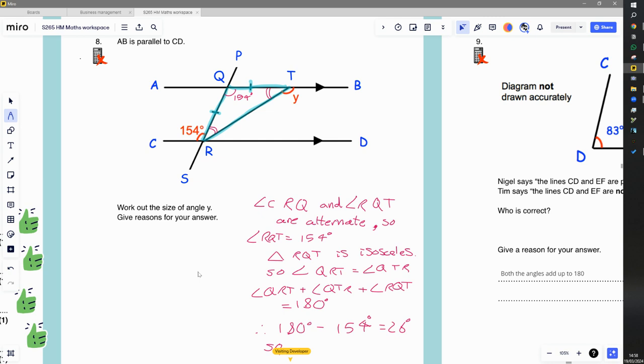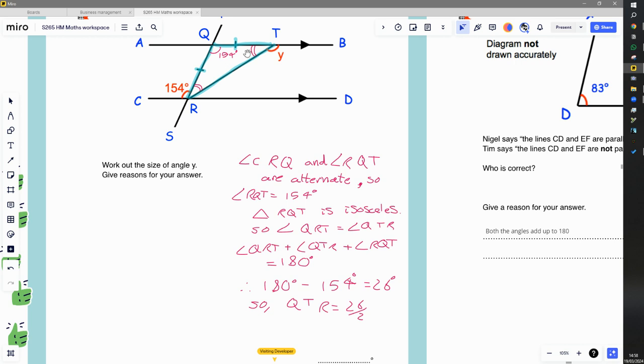We could explain this further and further, but I think it's probably enough at this stage just to go QTR is equal to 26, and we just divide by 2 because it's going to be the same as that. So these two would be the same, and if we divide them by 2, we'll work out the value for each one. So 154 plus these two would equal 180. So when you minus 154, the sum of these two together is equal to 26. So each one must be 13 degrees.